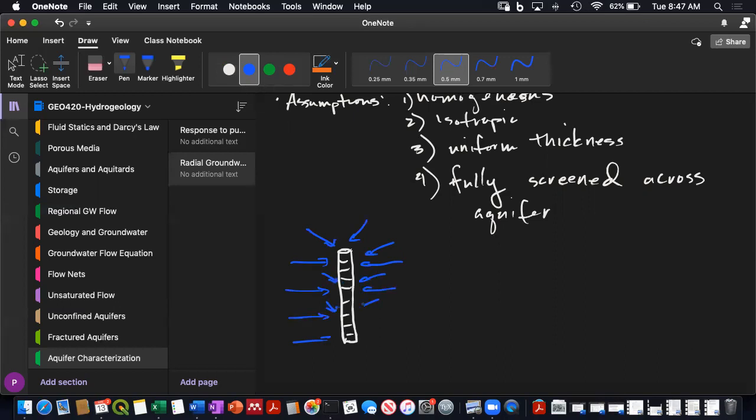And if I'm homogeneous and isotropic, this radial flow will be the same all around my well. All right, and up and down the total length.